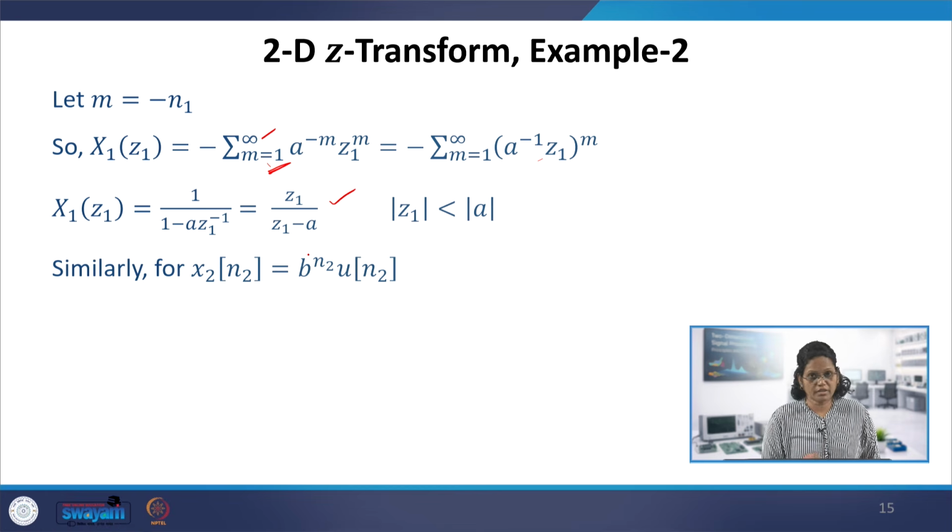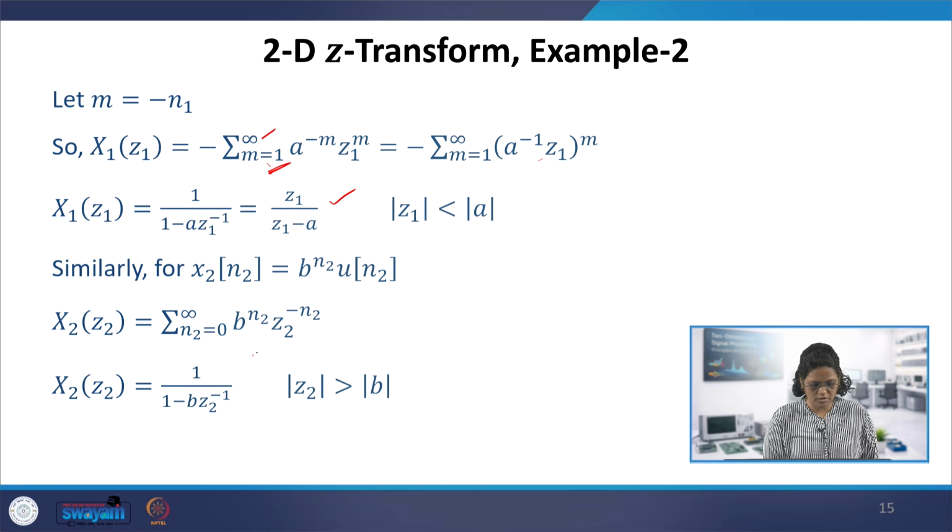Similarly, for the second part, B power n2 u of n2, the Z transform results in 1 by 1 minus B z2 minus 1, where B z2 minus 1 should be less than 1. So the case is z2 greater than B. The ROCs are different, but the Z transform is similar to the previous example.